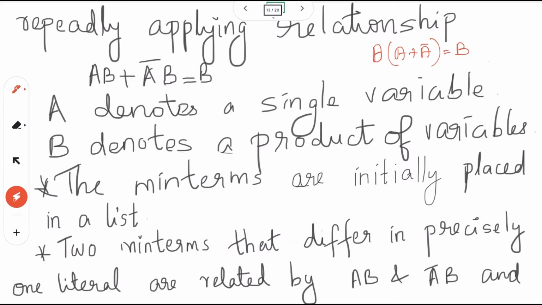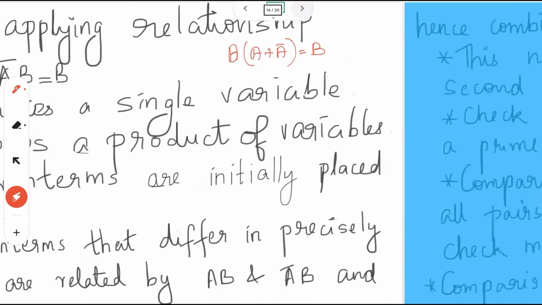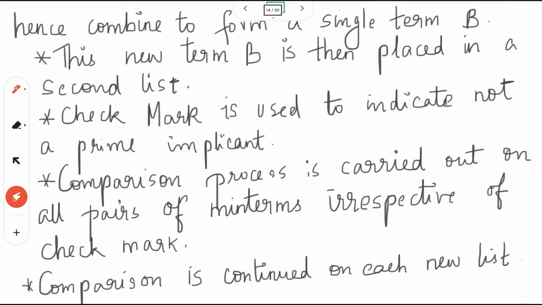In order to use this method, once a function is given, all the minterms are initially placed in a list. In that list, we check for the minterms which differ by one variable, such that they can be combined as AB and A bar B to get the term B. This new term B is then placed in the second list. Then we check whether it is a prime implicant or not.